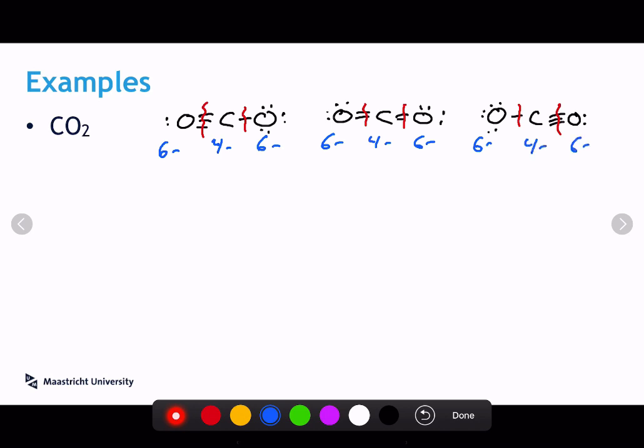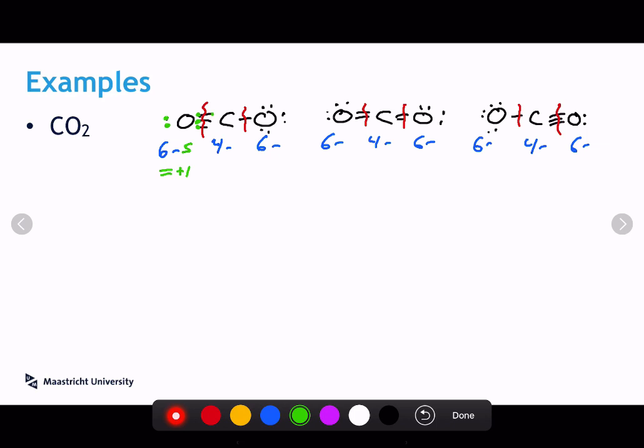Now we're going to subtract the number of electrons that we have assigned each of these atoms. On the oxygen atom to the left, in the very left structure, we've given it 1, 2, 3, 4, 5. So 6 minus 5 is equal to plus 1.